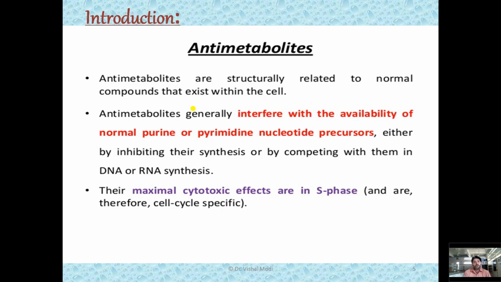Now we are going to discuss the antimetabolites. Introduction. Antimetabolites are structurally related to normal compounds that exist within the cells.